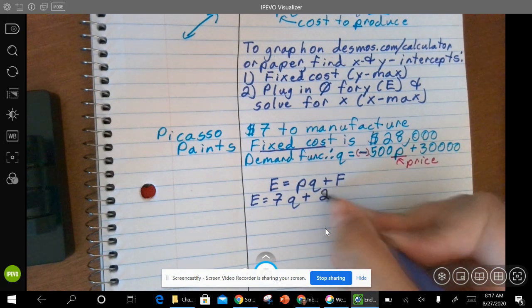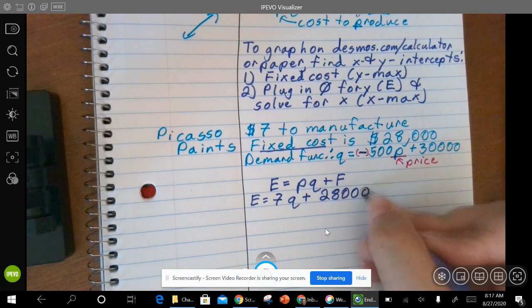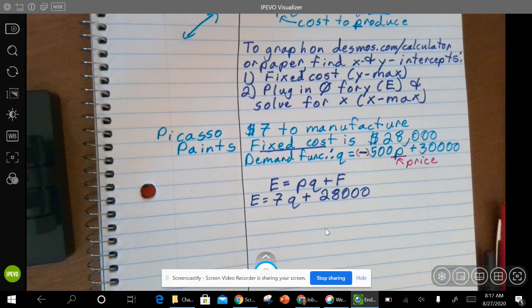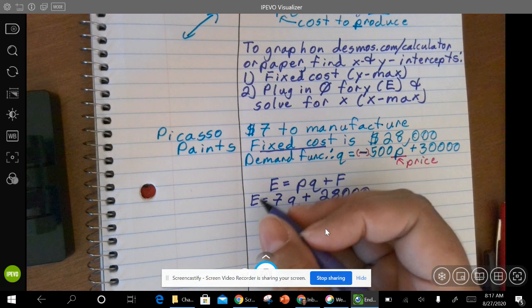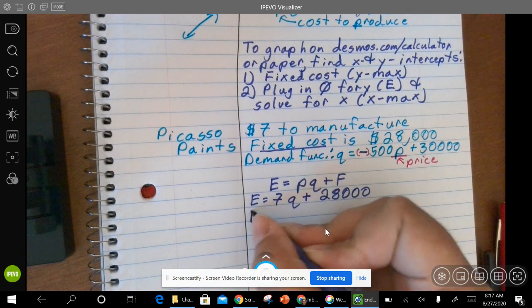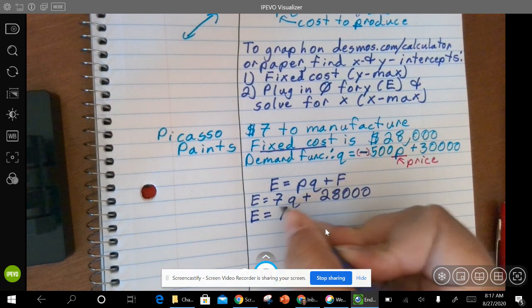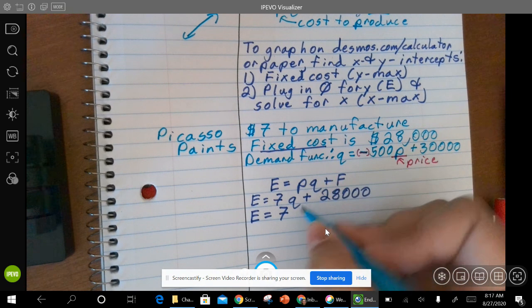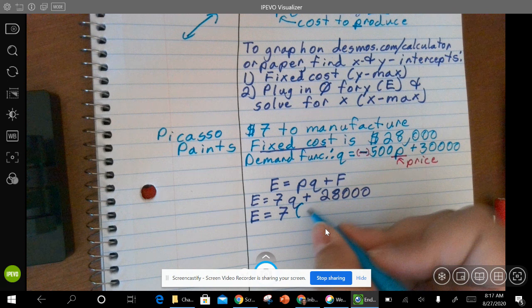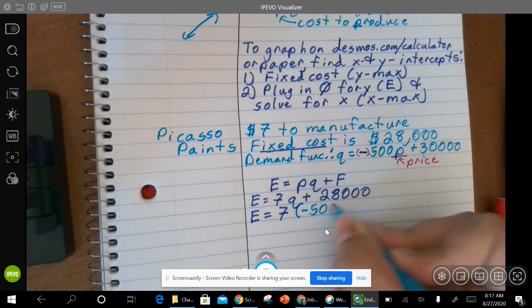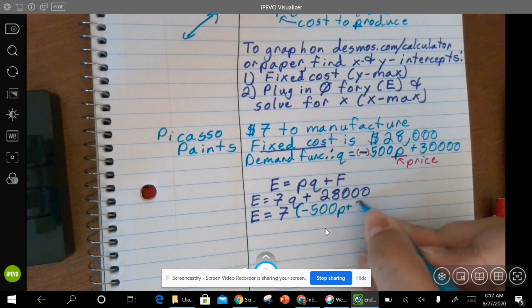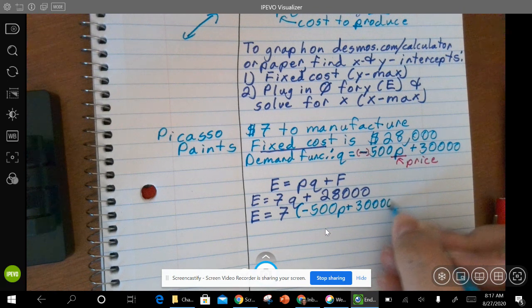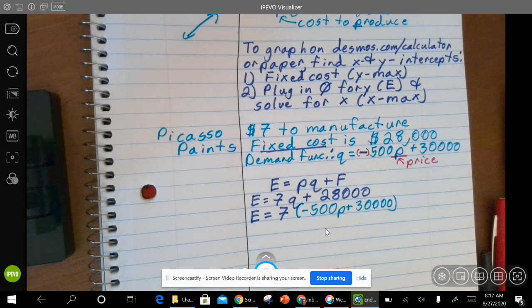Now we're going to substitute in our demand function, because we're going to graph the expense function in terms of price. So I'm going to substitute into 7 times negative 500 times the price plus 30,000, plus that 28,000.